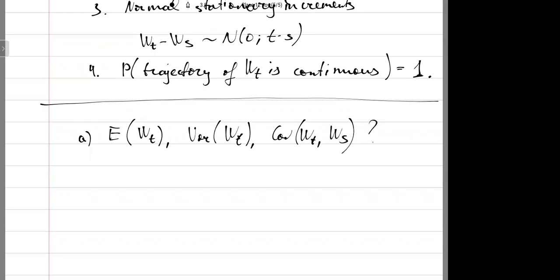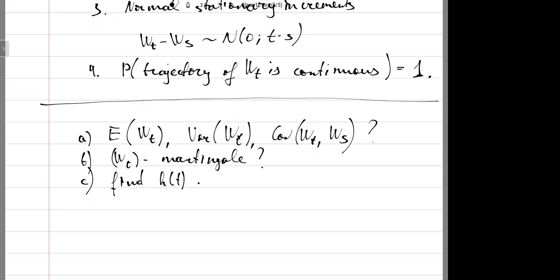B, is Wt a martingale? C, find ht such that Mt equal to Wt squared minus ht is a martingale. I think that's enough for the moment.